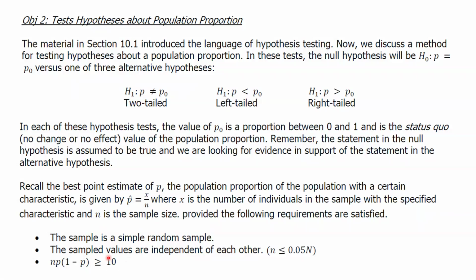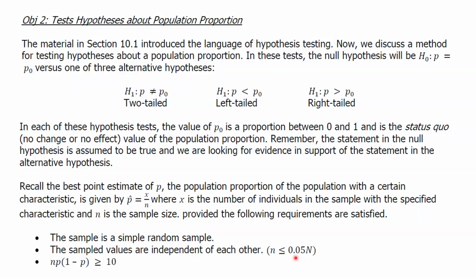Now, why do these requirements matter? Well, a simple random sample matters because it ensures that every member of the population has an equal chance of being selected, so there is no bias. Sample values being independent is important because each person's response doesn't affect another person's response.